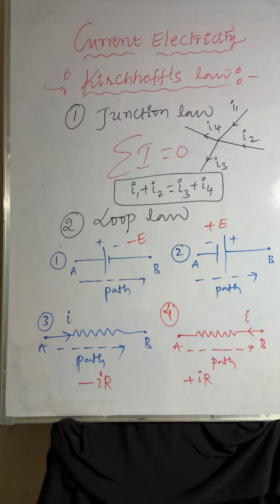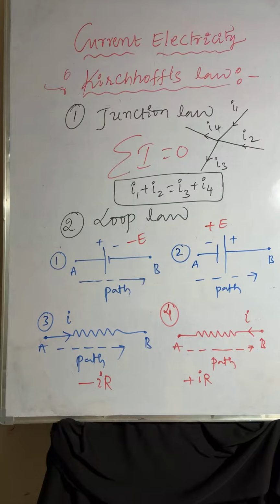Coming to loop law, you need to understand carefully how to take the path in which direction you are moving. Leave aside positive and negative for now. Take one point in the loop and select your path.